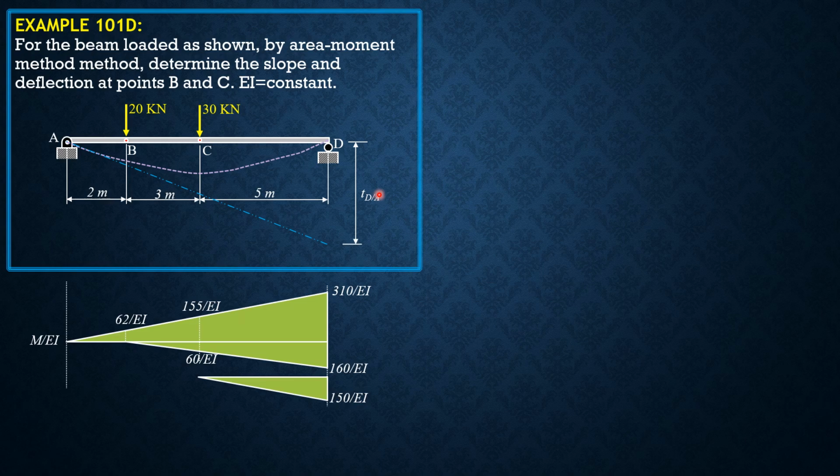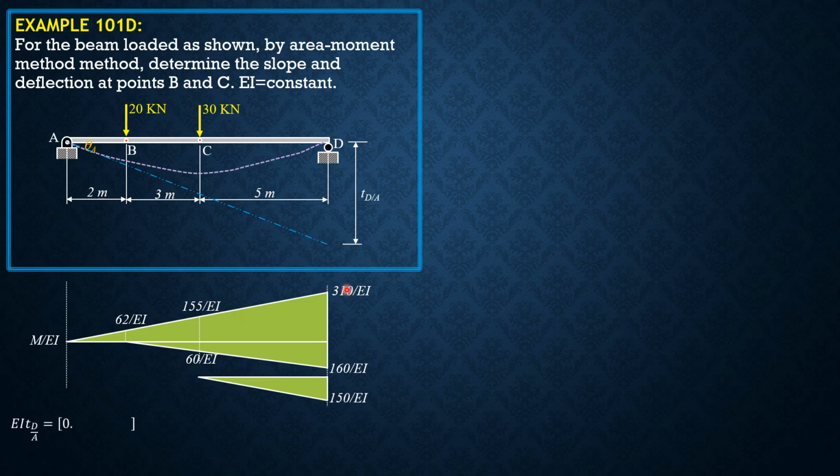This is simply the moment of areas with respect to D. So call that theta A, and although this deviation is positive, theta A is negative because the tangent is sloping down to the right, or from the positive x-axis to the tangent line, it is clockwise. Clockwise is negative.